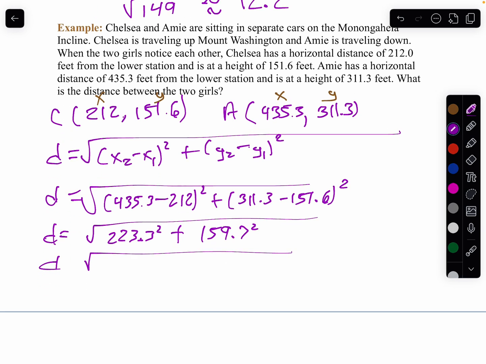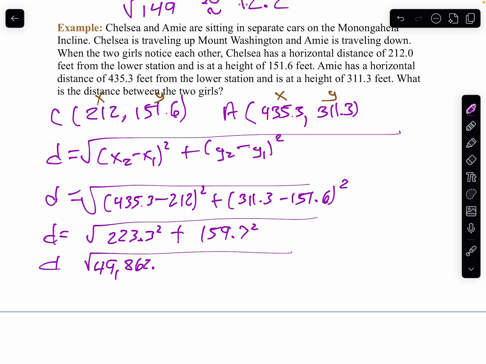So 223.3 squared is 49,862.89, plus 159.7 squared is 25,504.09.